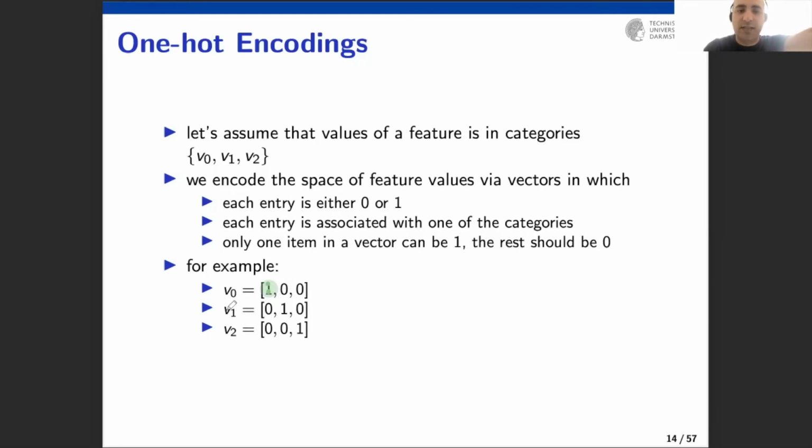For the second category, we set the second element to 1 and the rest of the elements to 0. And for the third category, we set the third element in the vector to 1 and the rest to 0. In this way, we have one-hot vectors. We have vectors in which only one element is 1, and the rest of the elements are 0.